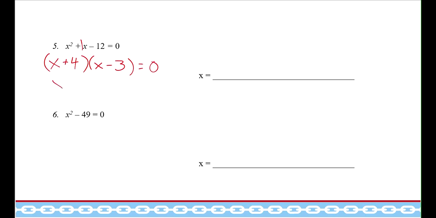So when I split that, I get x plus 4 equals 0, x minus 3 equals 0. And then I would solve those two equations. x equals negative 4. x equals positive 3.